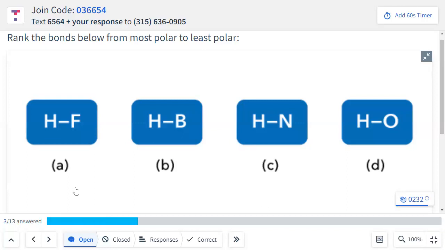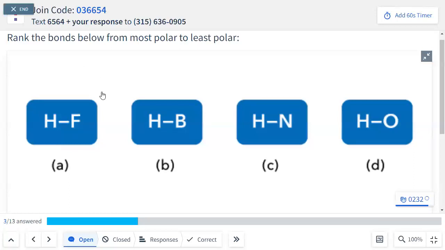The way to think about this: everything's being paired up with hydrogen, so hydrogen's the control factor here. We know that as we go toward the right of the periodic table, we're getting more and more electronegative. So regardless of what hydrogen is, hydrogen plus the most electronegative element is going to give us the most polar bond.